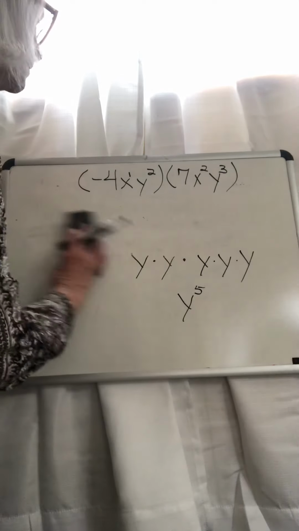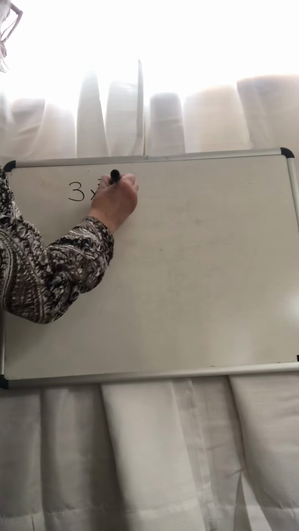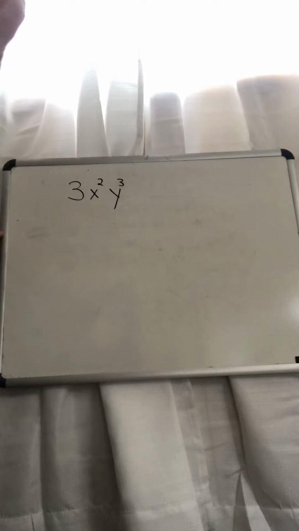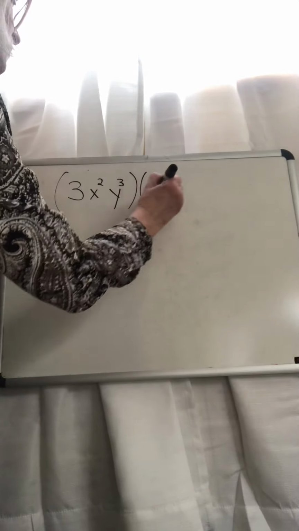Okay, so let's look at the next problem. So our next problem, we've got 3x squared y cubed times 2x cubed y to the 4th.